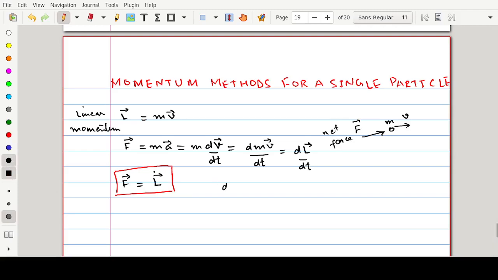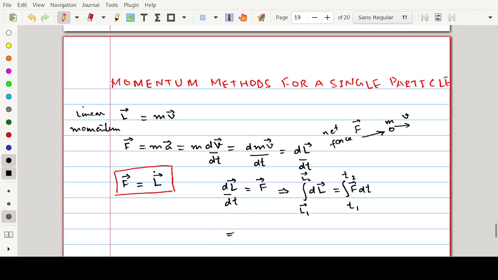Now this dL/dt equal to net force F can be solved as a differential equation if we integrate it. So if I write dL = F dt and integrate both sides, I integrate force from time t1 to time t2, and for the change in momentum, at time t1 its momentum is L1, and at time t2 its momentum is, say, L2.